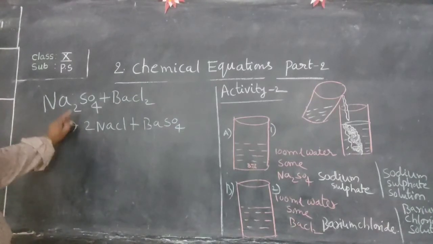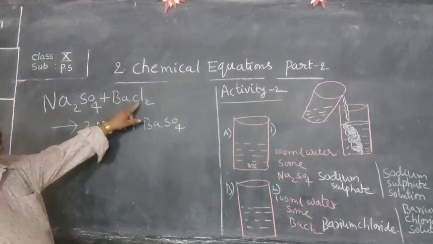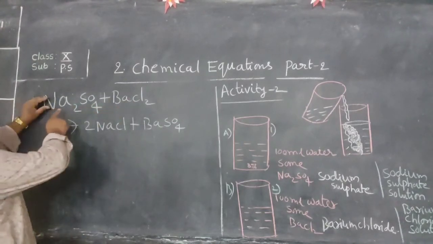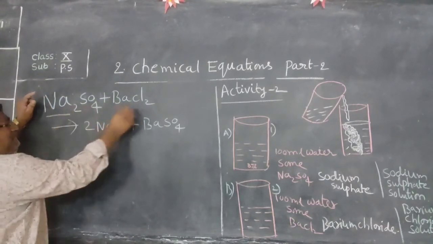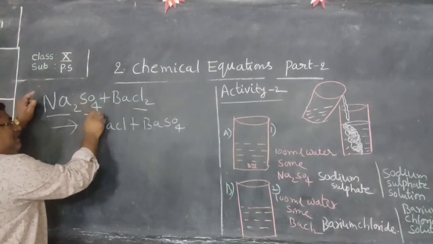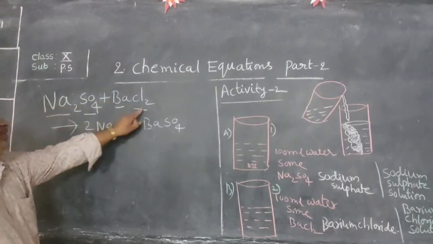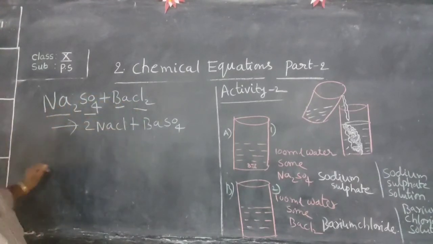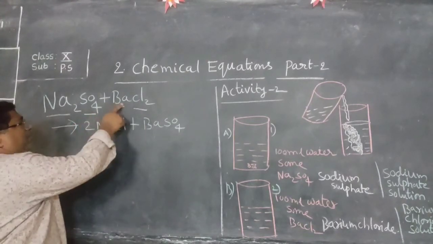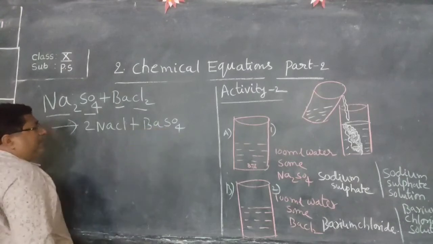How do we write this equation? Sodium sulfate is formed by Na2SO4, barium chloride by BaCl2. Combining the first with the second and the second with the first, we get Na2Cl2, which can be written as 2NaCl. Then barium sulfate we can write.